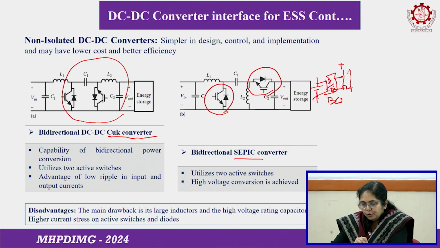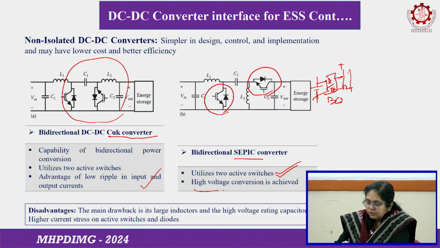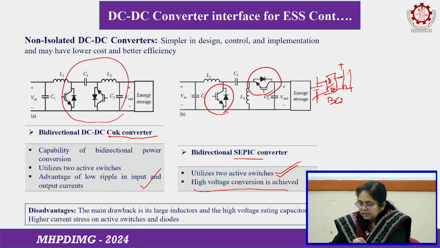So, the components are more. The advantage is that it gives low ripple input and output currents compared to the other one, but the number of components is more, and it uses two active switches.